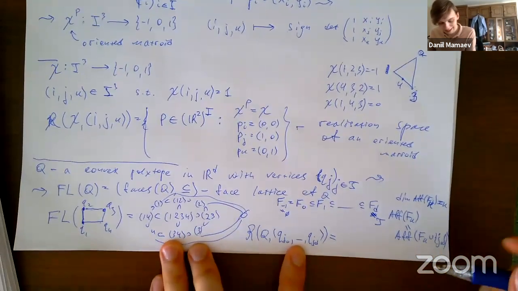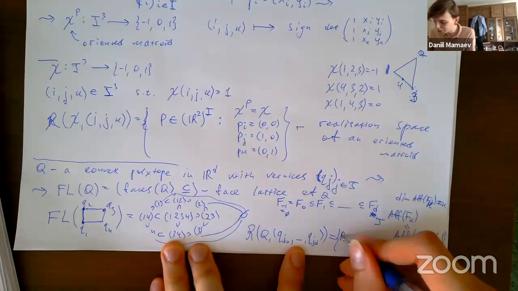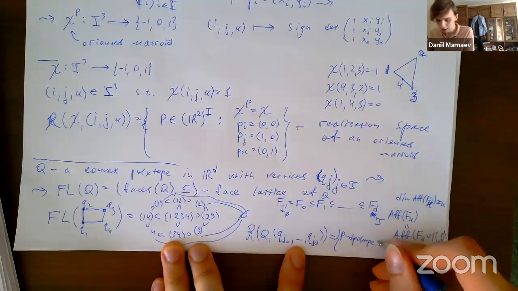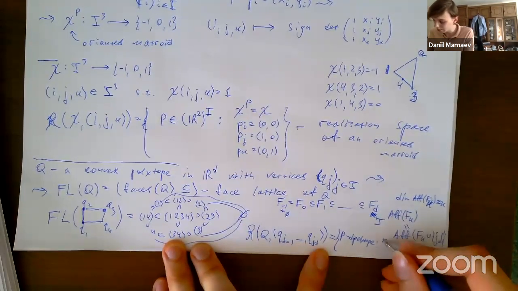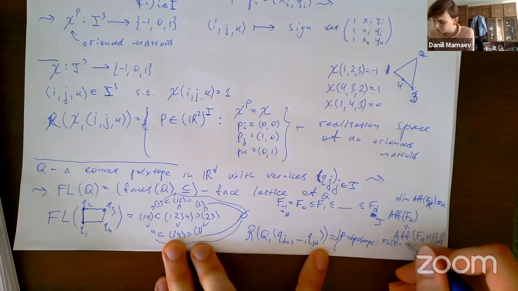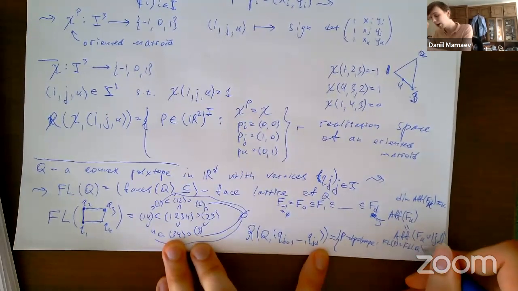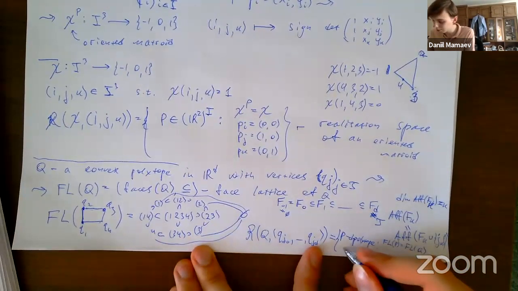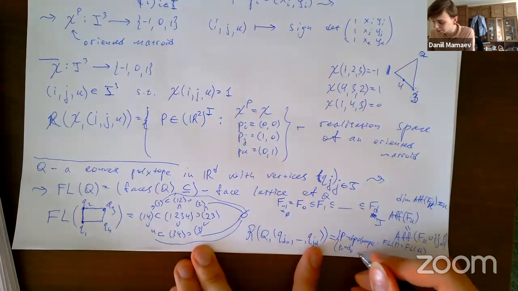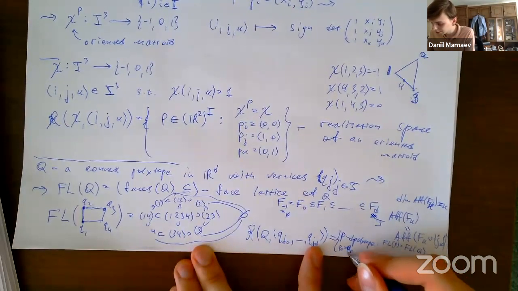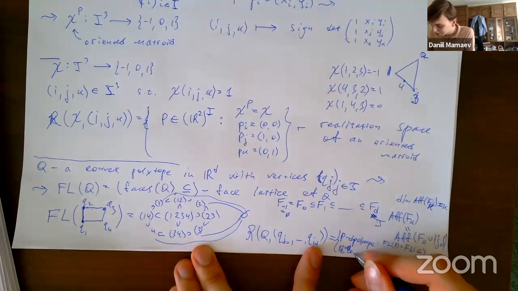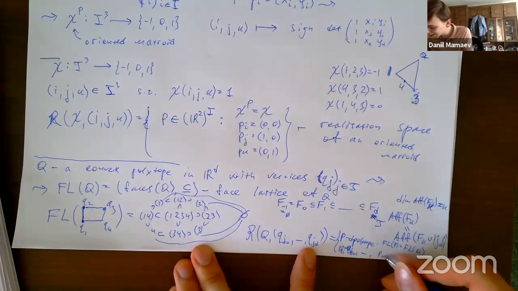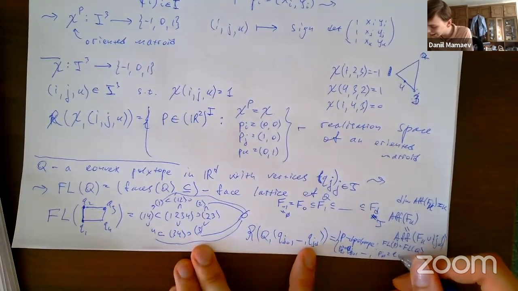Okay, so it's all the polytopes such that they have the same face lattice as Q, and also the same flag vertices and so on. Well, okay, we fix d+1 vertices.